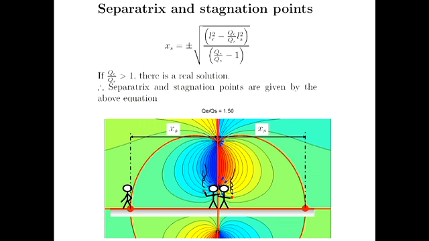So it's just telling me that there's going to be a stagnation point here and a stagnation point here. There's going to be a separatrix passing through that stagnation point, which means that the smoke from the smokers is going to be entirely contained within that region, which you would have seen from that MATLAB movie that I showed previously. Okay, so the extraction fan, somewhat obviously, has to be stronger than the smokers.